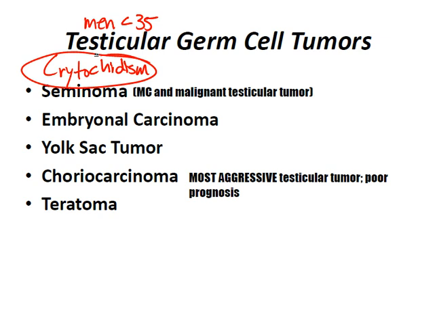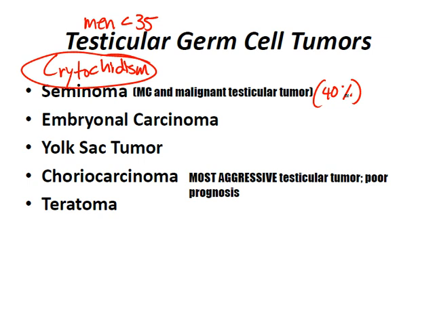So let's talk about a seminoma. A seminoma is the most common malignant testicular tumor. It's about 40%. The histology is clear polygonal germ cells with round nuclei and prominent nucleoli.